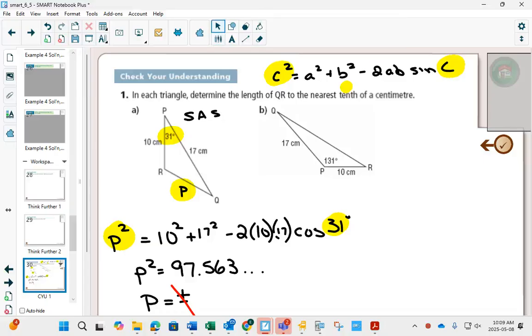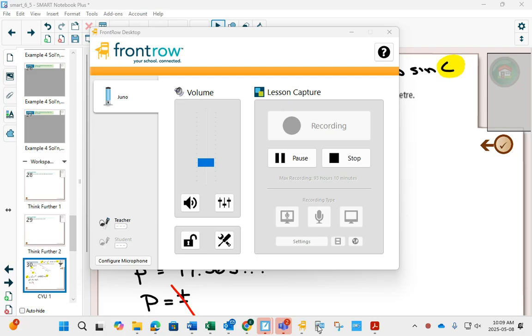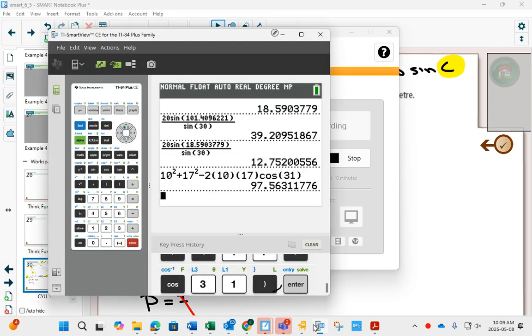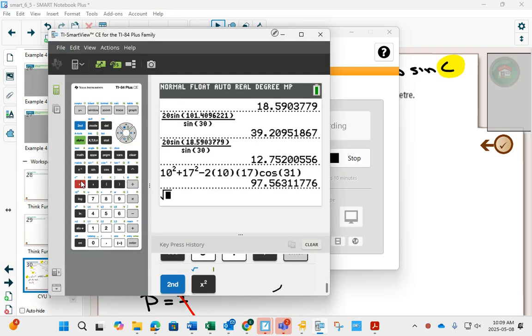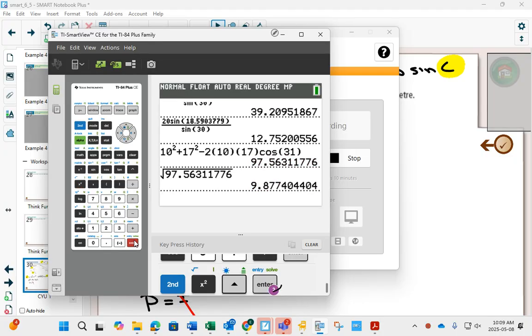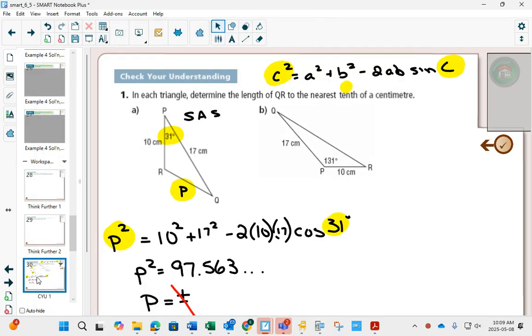So you'll often see videos online where they just square root all of that answer, and you get positive 9.877, and the teacher skips the plus or minus.